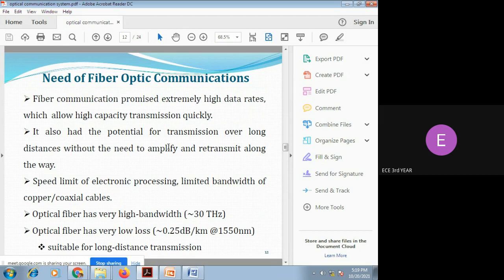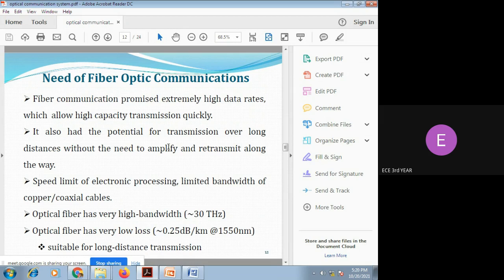It is the major advantage of the optical communication system. It also has the potential for transmission over a long distance without the need to amplify and retransmit along the way. It is also one of the benefits of the optical communication system.